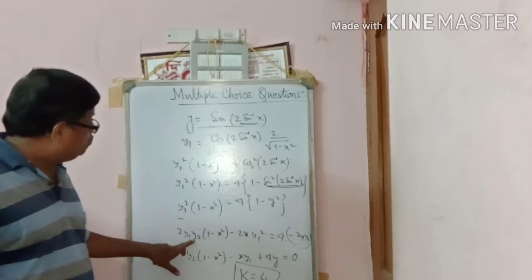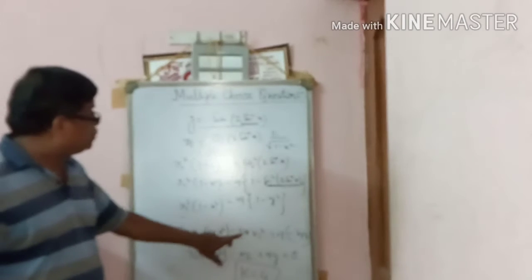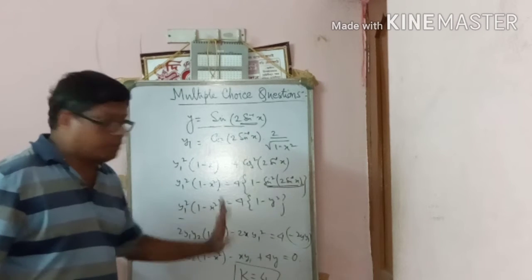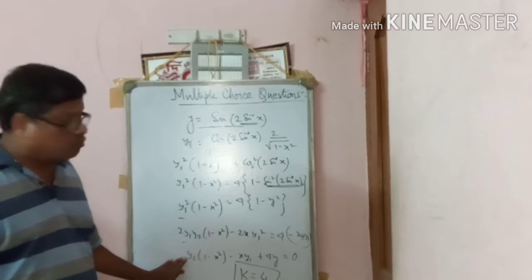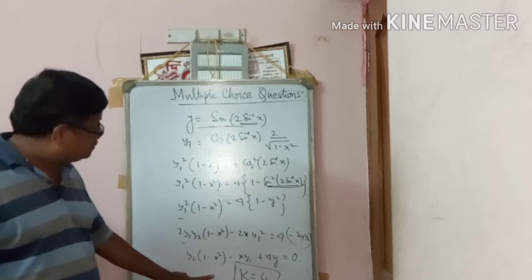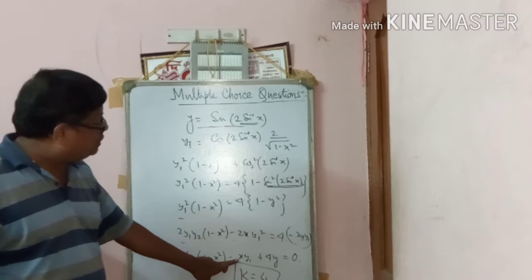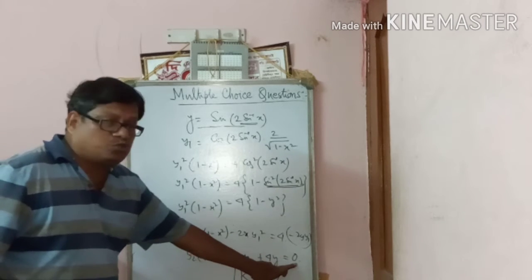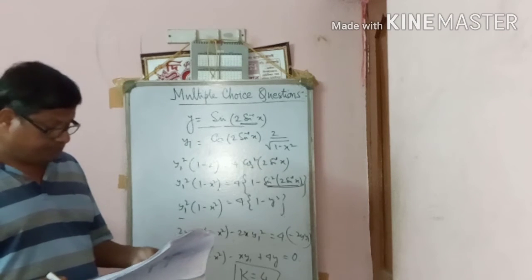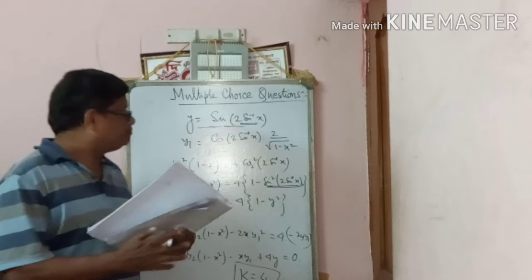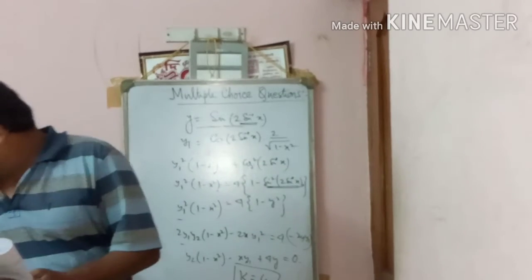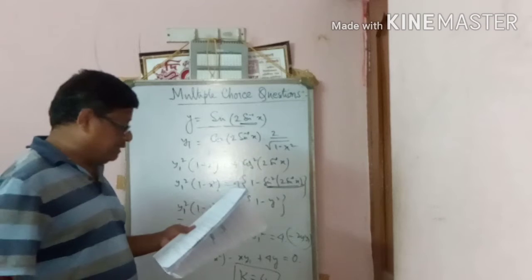So 2 y1 y2 into 1 minus x square minus twice x y1 square equals 4 into minus 2 y y1. Cancel 2 y1, so y2 into 1 minus x square minus x y1 plus 4y equal to 0. So k equal to 4. Okay, next question is there.